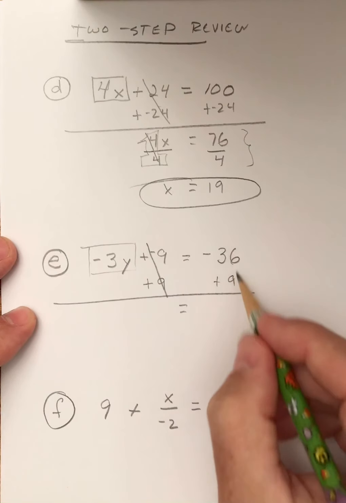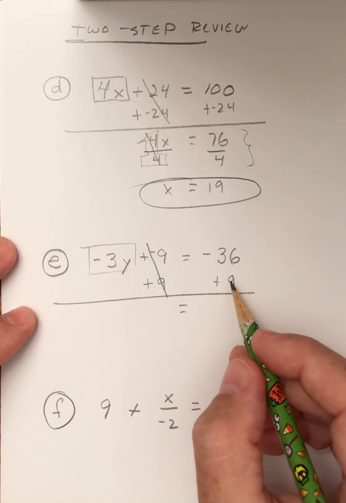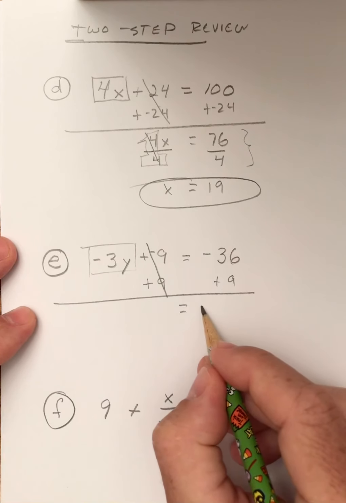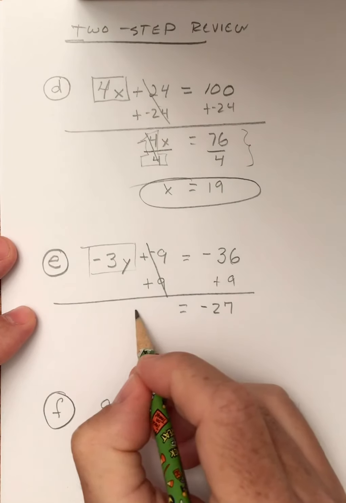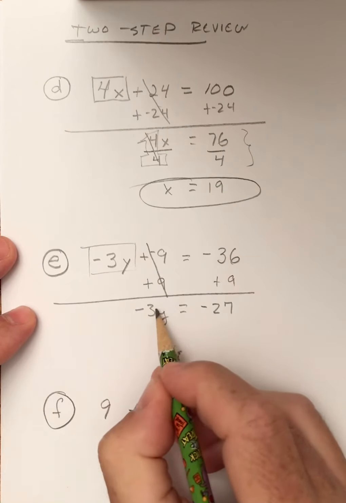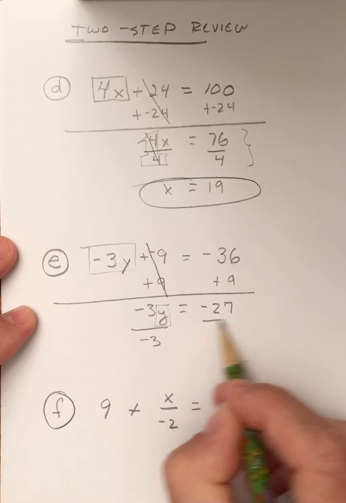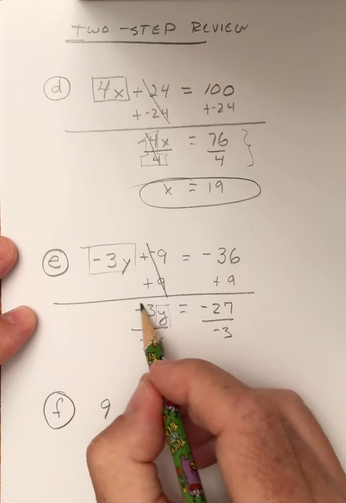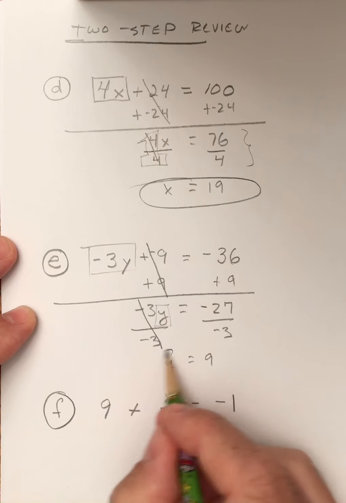Negative 36 plus 9, a positive plus a negative, you're going to subtract them and then take the sign of the larger absolute value. And bring down my negative 3y. Now I'm going to get that alone. Divide by negative 3, divide by negative 3, cancels, and I get y equals 9.